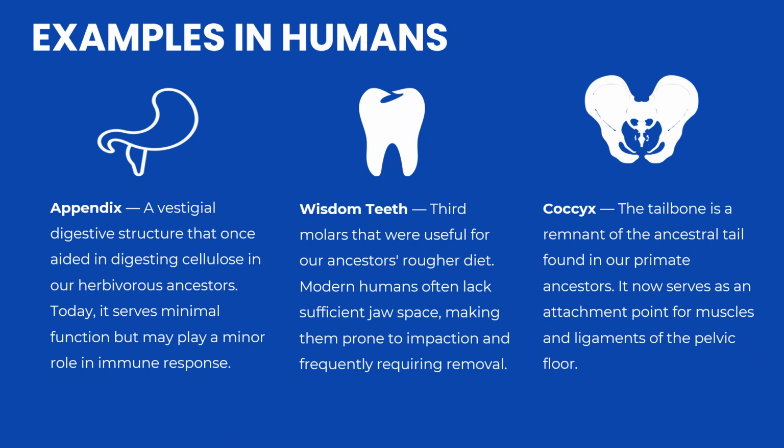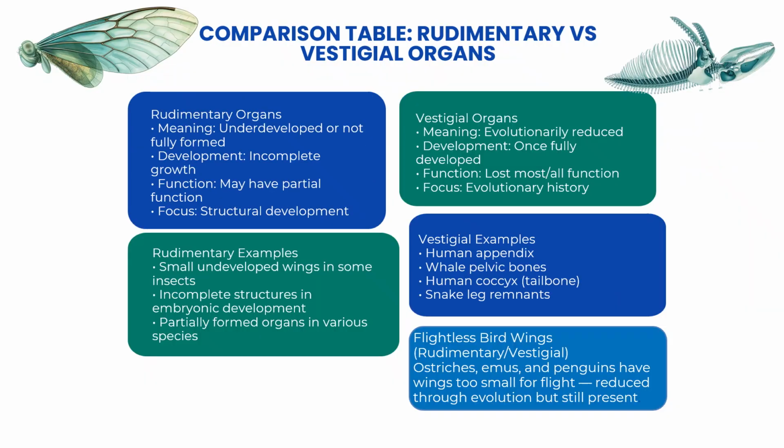The third organ is coccyx, that is a tailbone, which is a remnant of the ancestral tail which is found in the primate ancestors, but now it is only an attachment point for the muscles and ligaments of the pelvic floor. So these are the three vestigial organs which were present earlier and were helpful, but over the period of evolution, there was no need of them. That's why they got reduced, functionally reduced, but present.